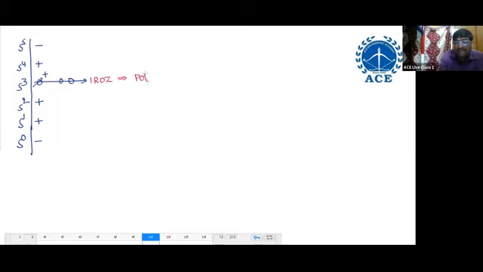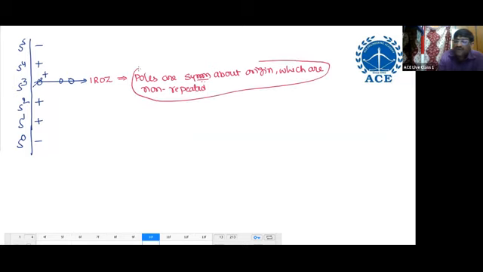Poles are symmetrical about origin, which are non-repeated. One time row of 0 means poles are symmetrical about the origin, which are non-repeated.